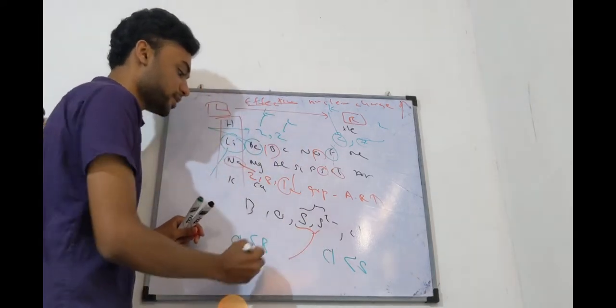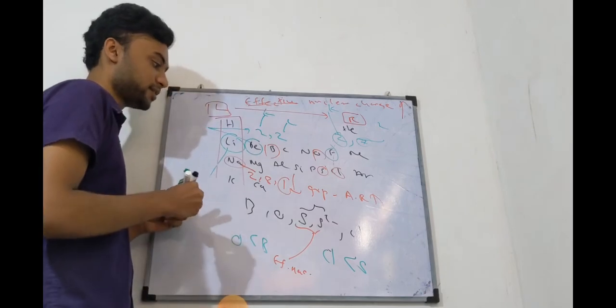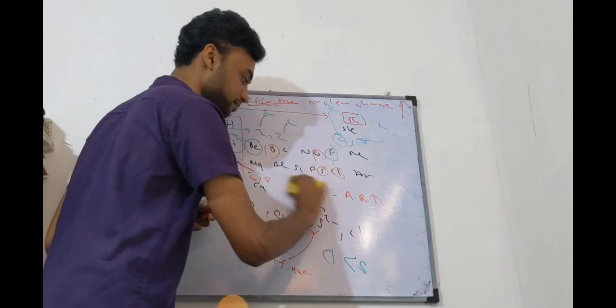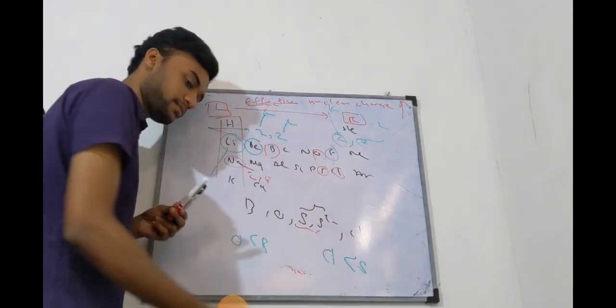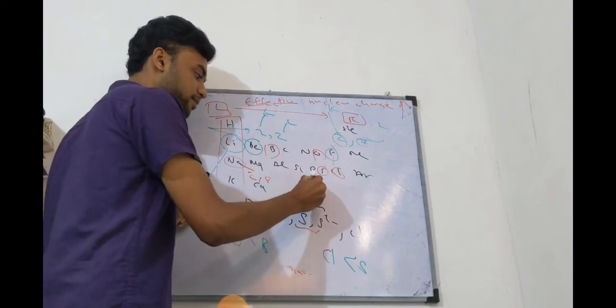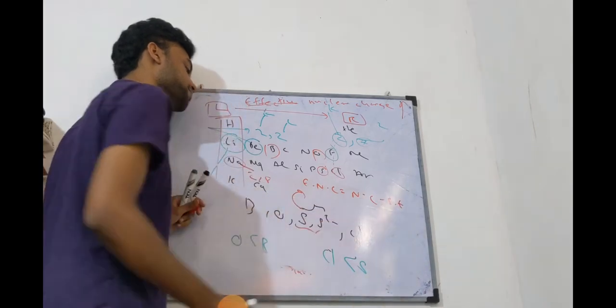Look at this definition. Effective nuclear charge. I write it here. It's clear: effective nuclear charge is equal to nuclear charge minus shielding effect.